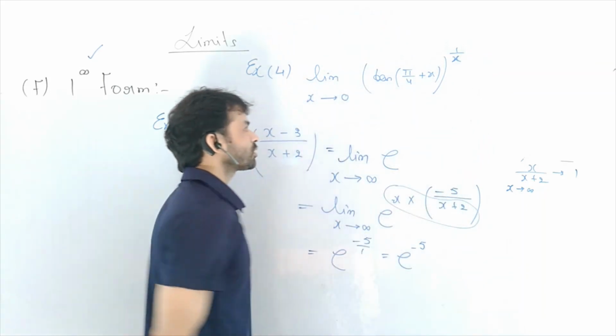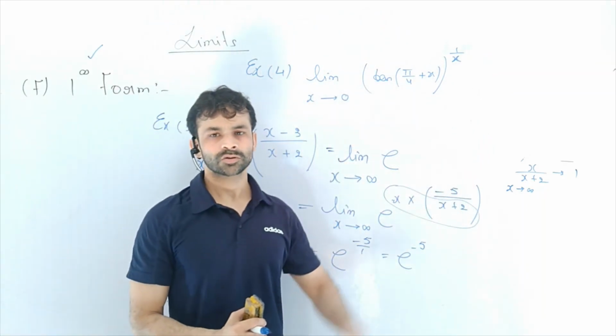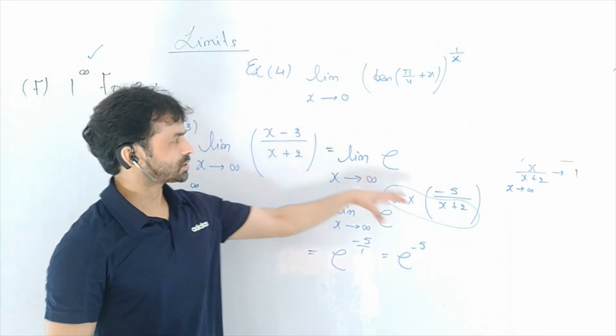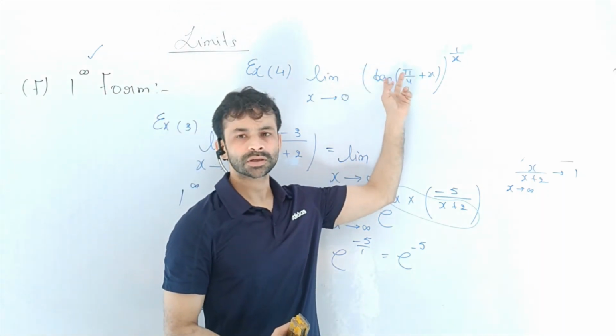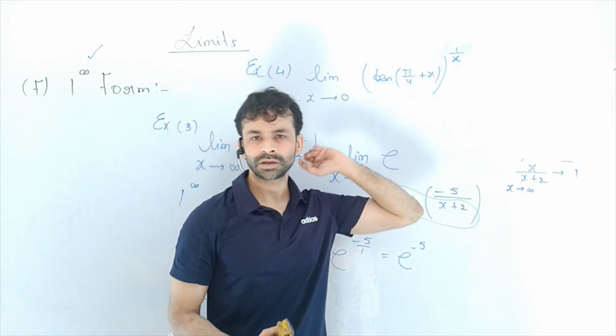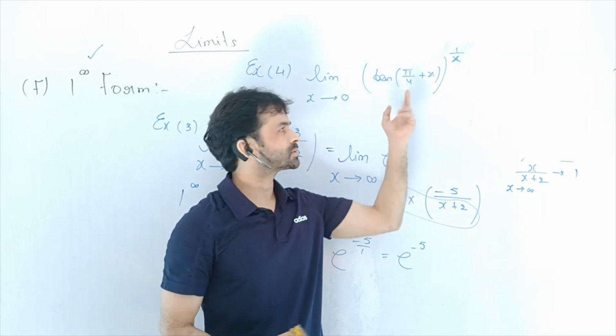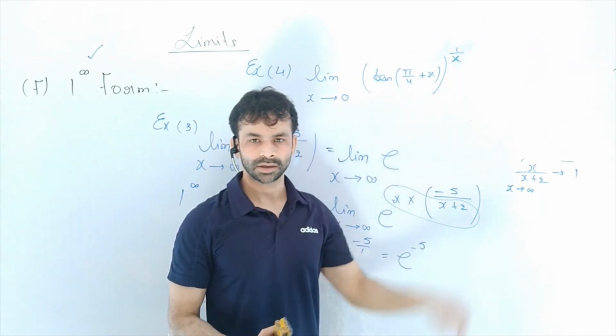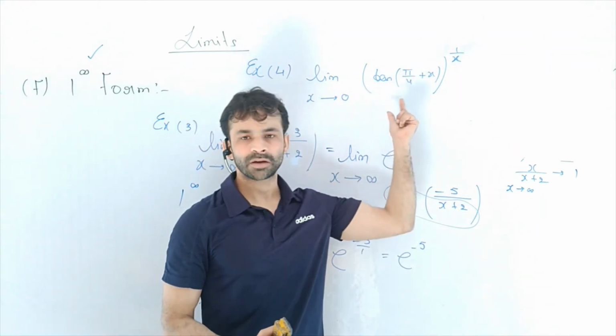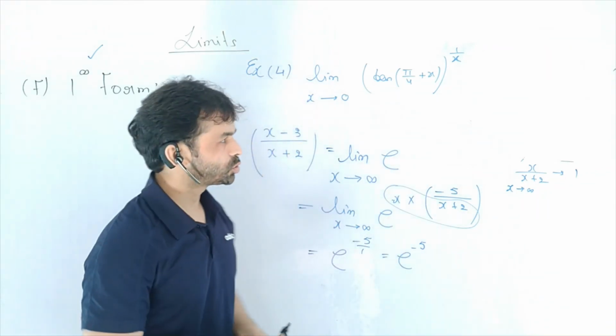This was the subjective problem of IIT 93. You can solve it easily by using that result, then using the formula of tan(a + b). You know tan(a + b) is (tan a + tan b) upon (1 − tan a tan b), and the value of tan π/4 is 1. We'll use that. You can find it.